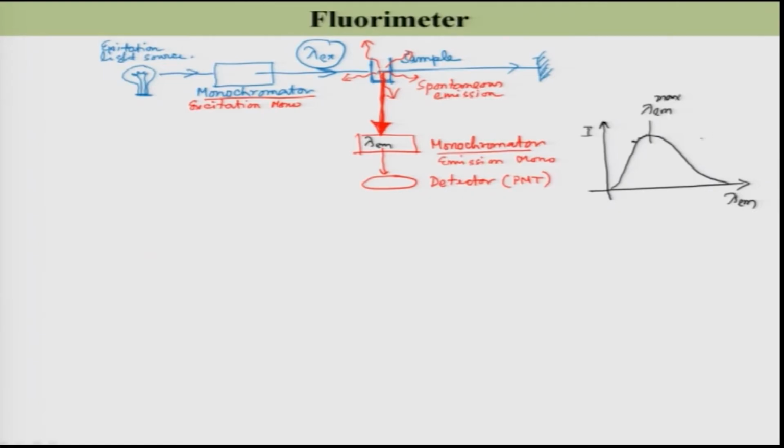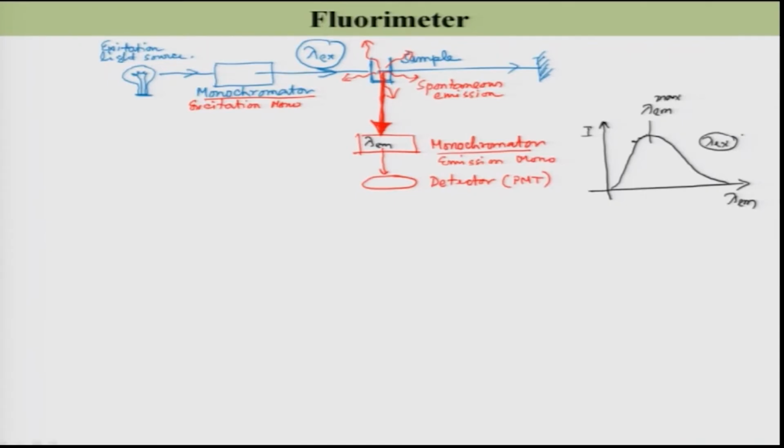For this lambda excitation wavelength, this is my emission spectra and this is my emission maxima. As per Kasha's rule, this emission spectra does not depend on the lambda excitation wavelength. So, even if you change the lambda excitation a little bit here and there, the emission spectra will remain as it is.